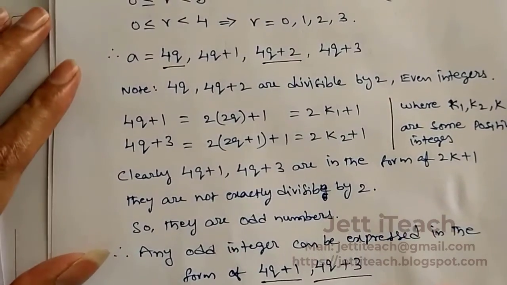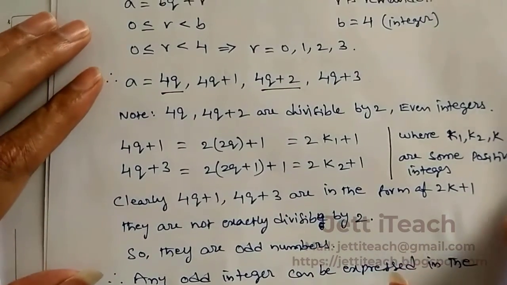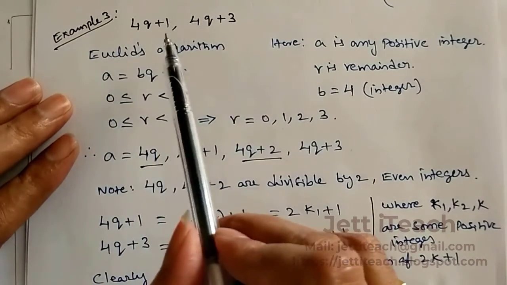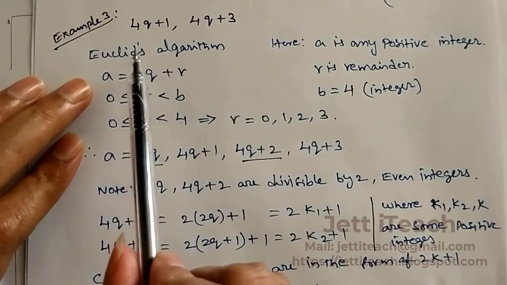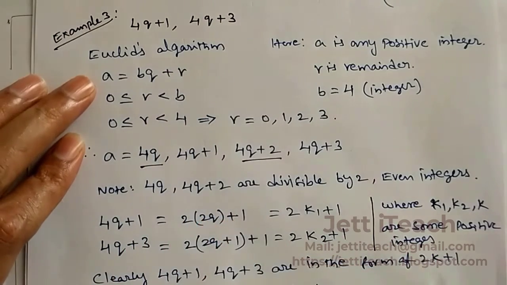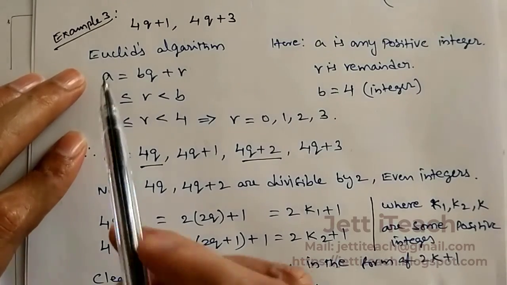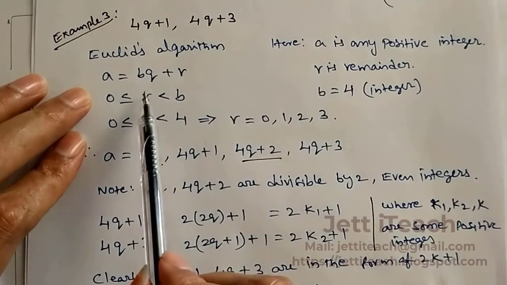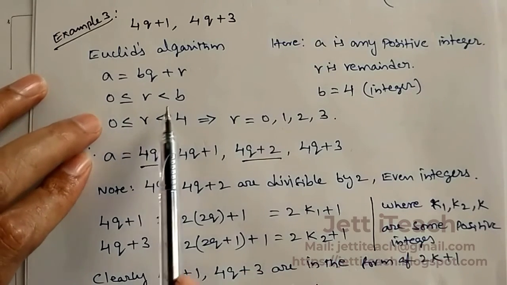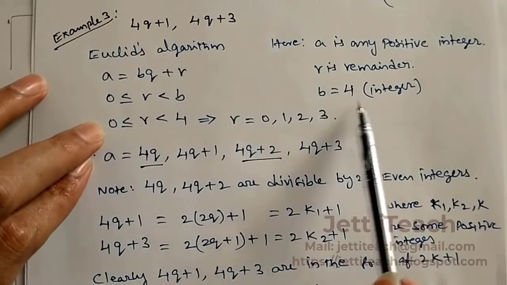Okay, it's example 3. In the question they gave 4q plus 1 and 4q plus 3 as odd integers, and we need to show that. You can use Euclid's algorithm, a equal to bq plus r, so 0 less than or equal to r less than b. Here b equal to 4. Why 4?